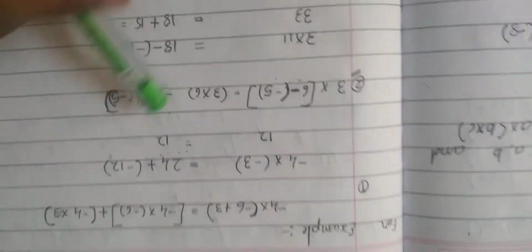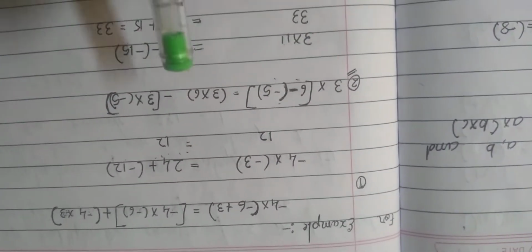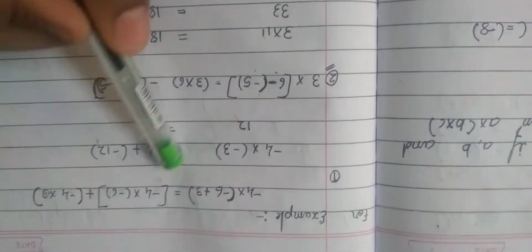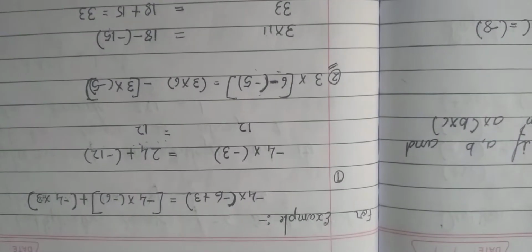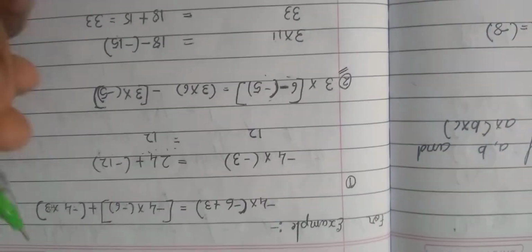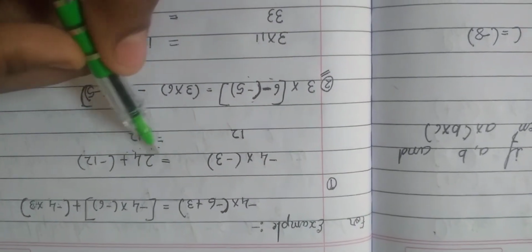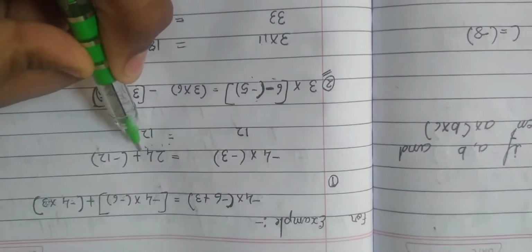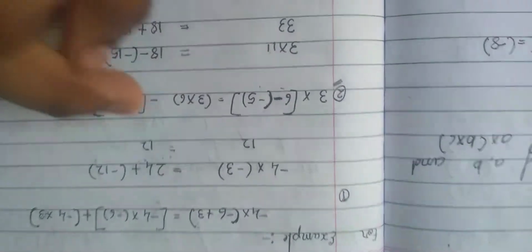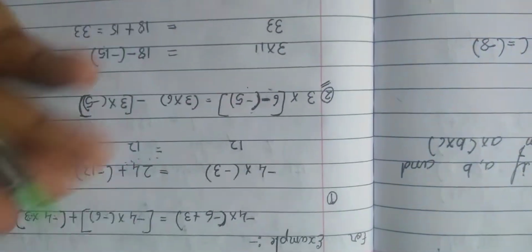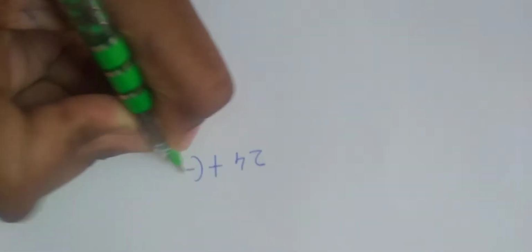Now some children may ask me, ma'am, how are you teaching this? No, see here, we have always studied the same thing in your last year. Here a negative sign is given. Whenever the negative sign is given with a positive, you have to change the sign, write the opposite.